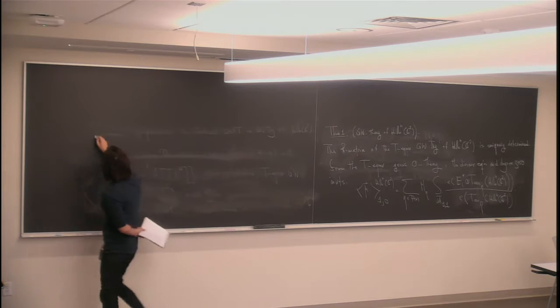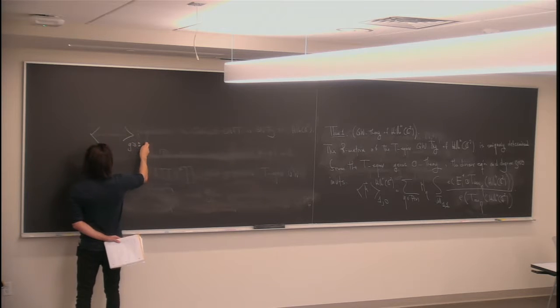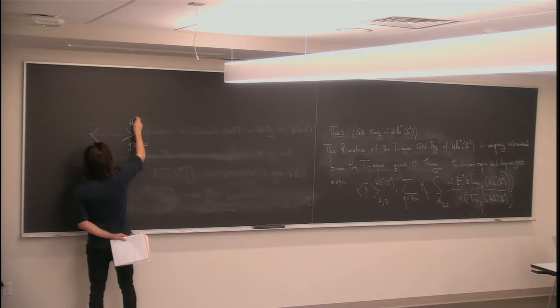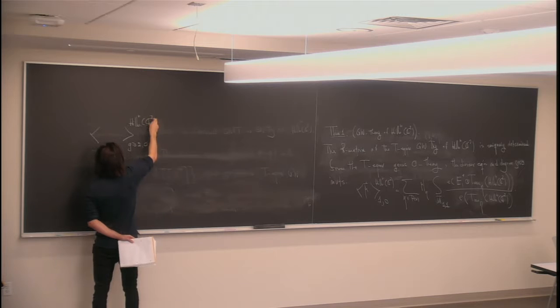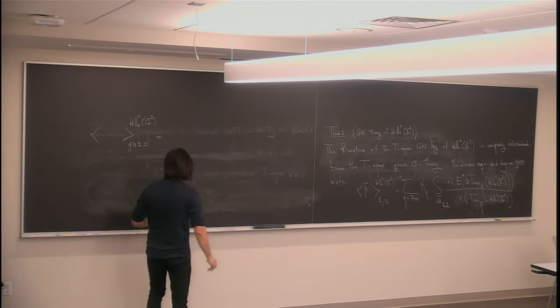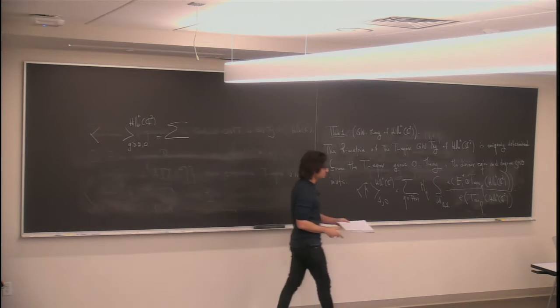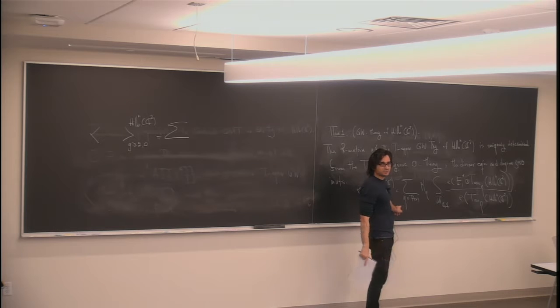And for higher genus, this is going to be equal to, again, summing over all torus fixed points. These are the torus fixed points of the Hilbert scheme of C2.